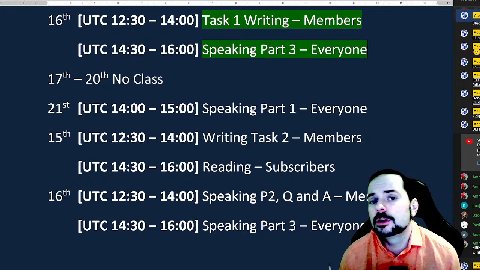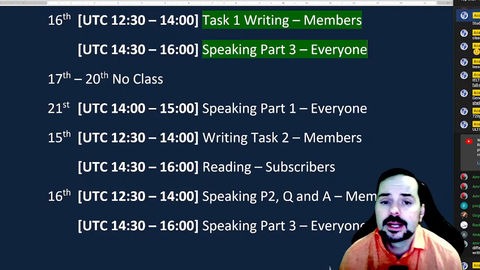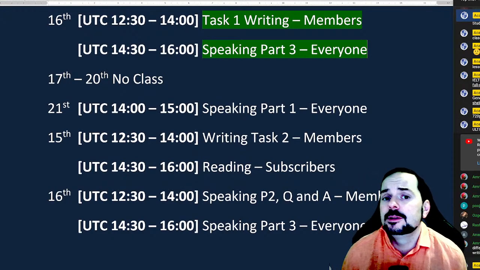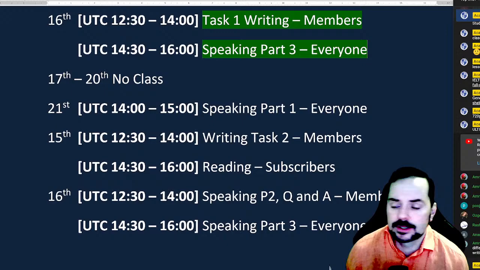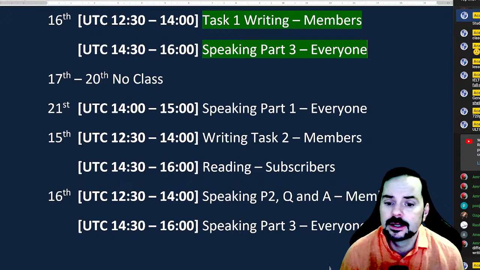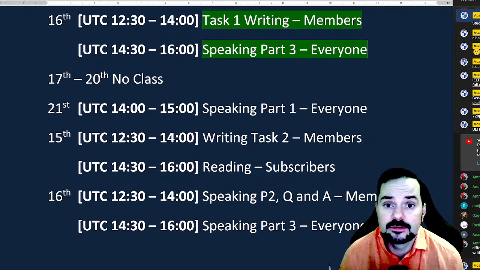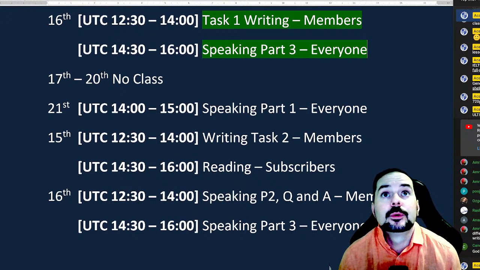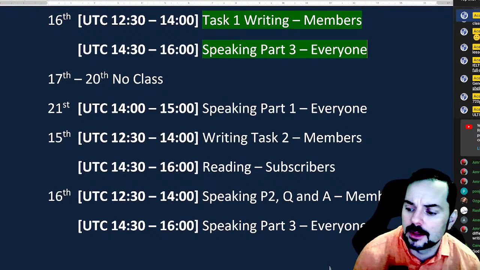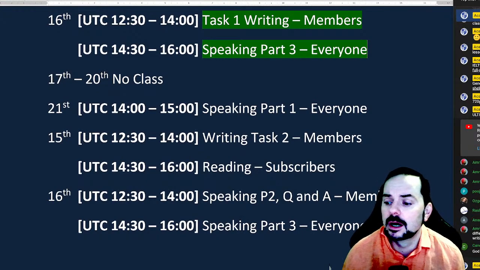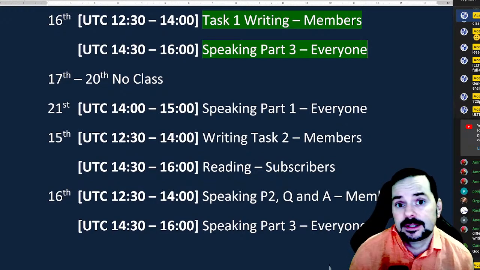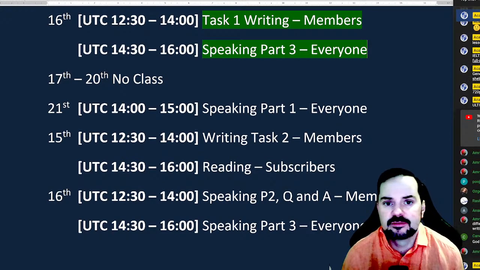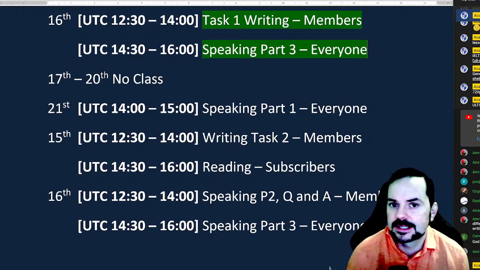So whether you get a 5.5 on your writing or a 6 on your writing really depends on your writing. That was a question just now by Amrit about what's the difference between a 5.5 and a 6 on the writing. That really depends, Amrit, on your writing. So different people will have a different difference between a 5.5 and a 6. I hope that makes sense.